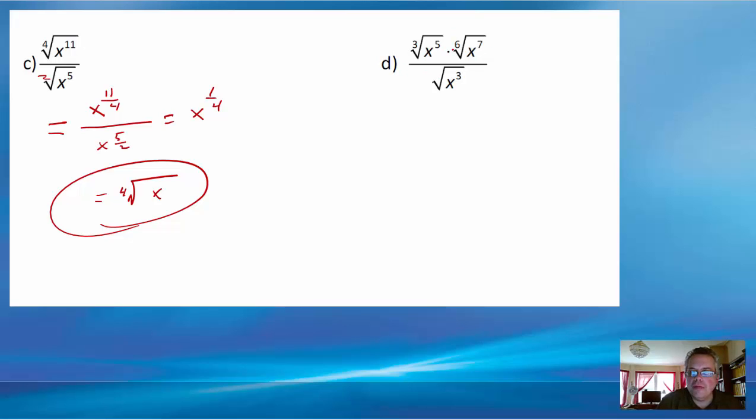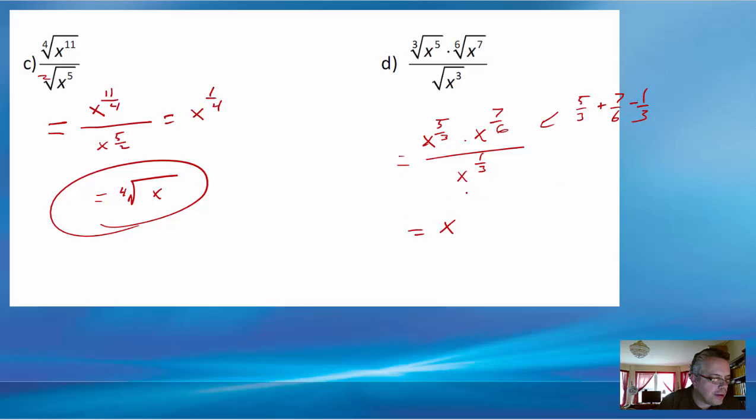We're going to multiply in the numerator and then divide by the denominator. So this is going to be x to the 5/3 times x to the 7/6 all over x to the 1/3. To simplify this, we got to do 5/3 plus 7/6 minus 1/3.